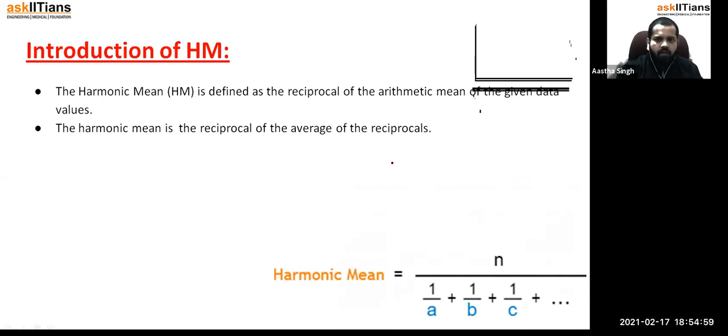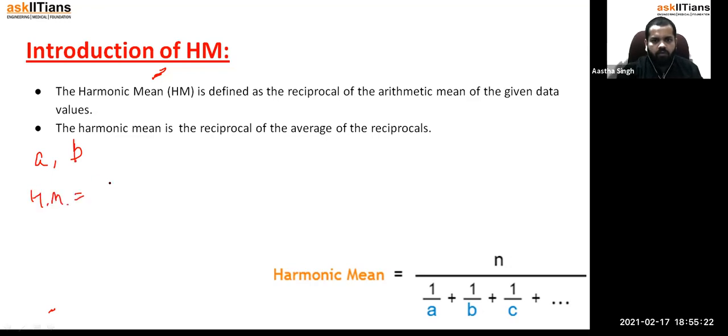Okay, harmonic mean is the reciprocal of the average of the reciprocals. For two numbers a and b, the harmonic mean will be 2ab by a plus b, or you can also write this as 2 divided by (1 upon a plus 1 upon b).